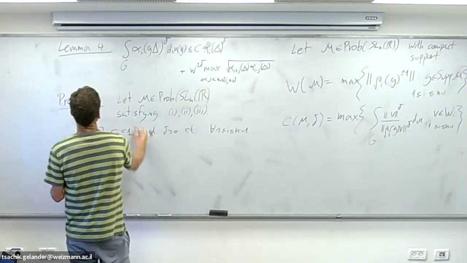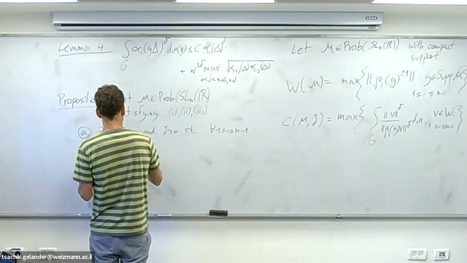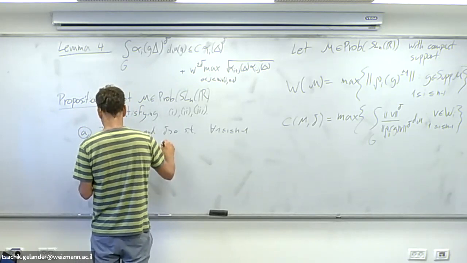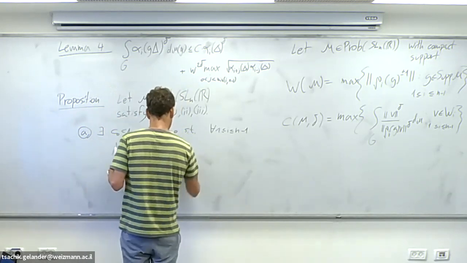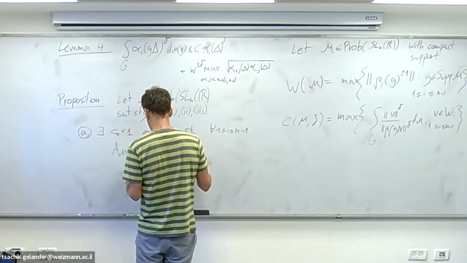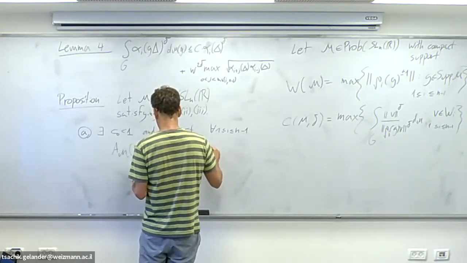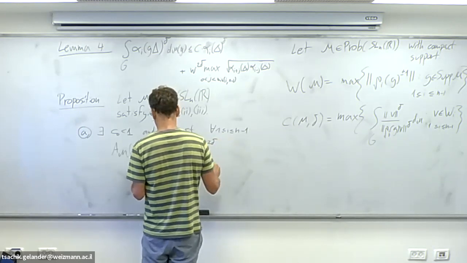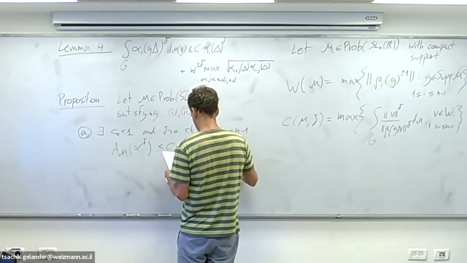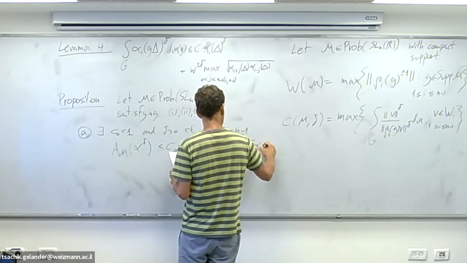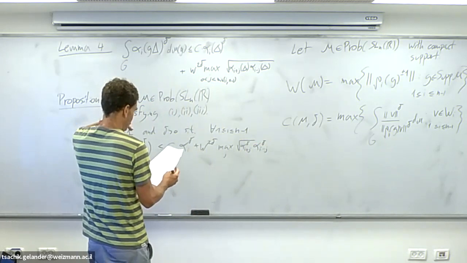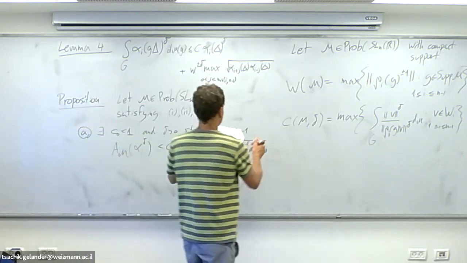So basically, A is repeating this lemma: A mu of alpha I to the delta is bounded by C alpha I to the delta plus W to the delta times the maximum over J of the square root of alpha I plus J times alpha I minus J. Okay, I just added this lemma.